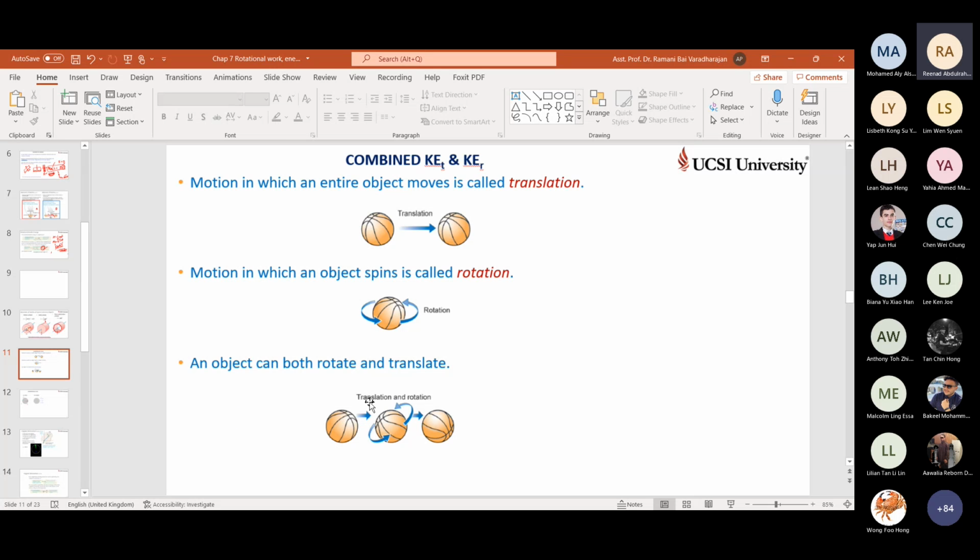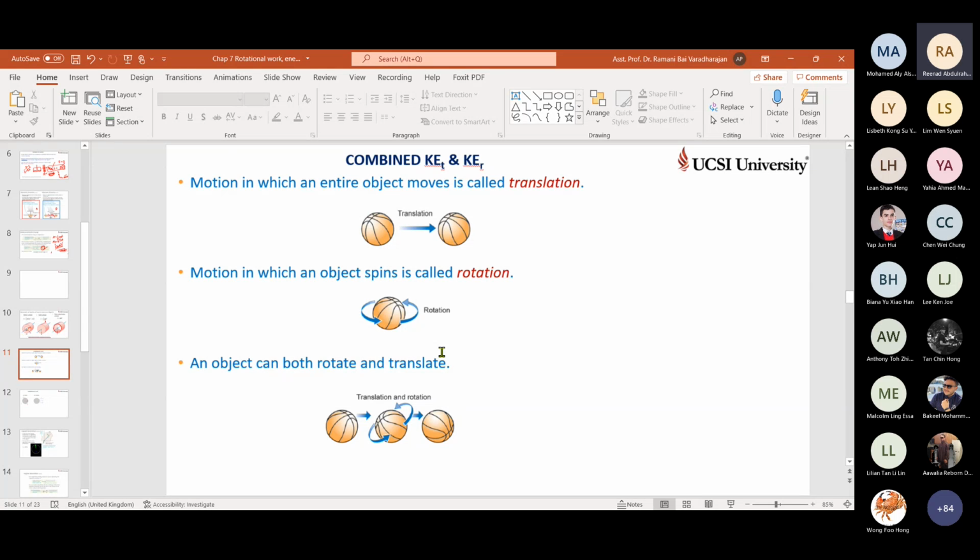There are some objects in the universe which can do both, translate and also rotate. You throw a ball, right? Throw a tennis ball. It will rotate itself and also translate. Another good example is Earth. Earth spins itself and also translates, doing a rotational motion of 2 pi, one circle.